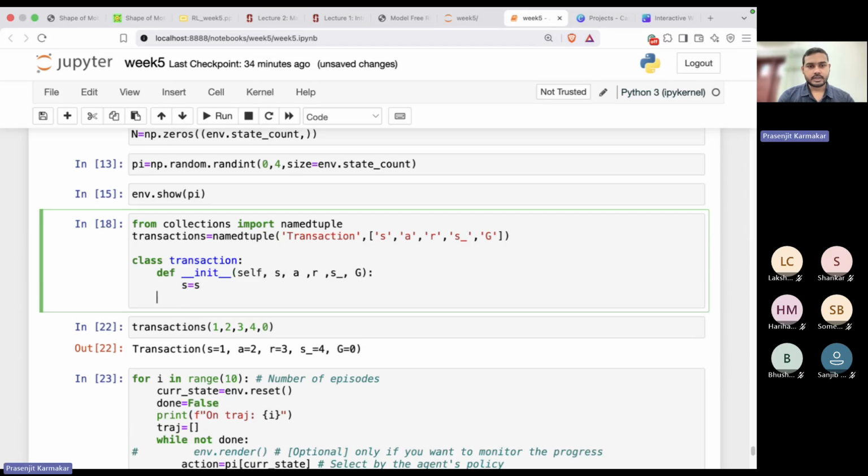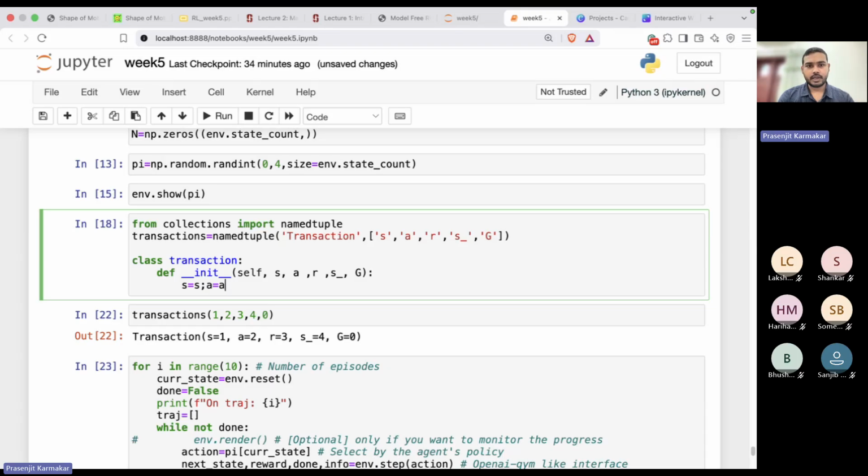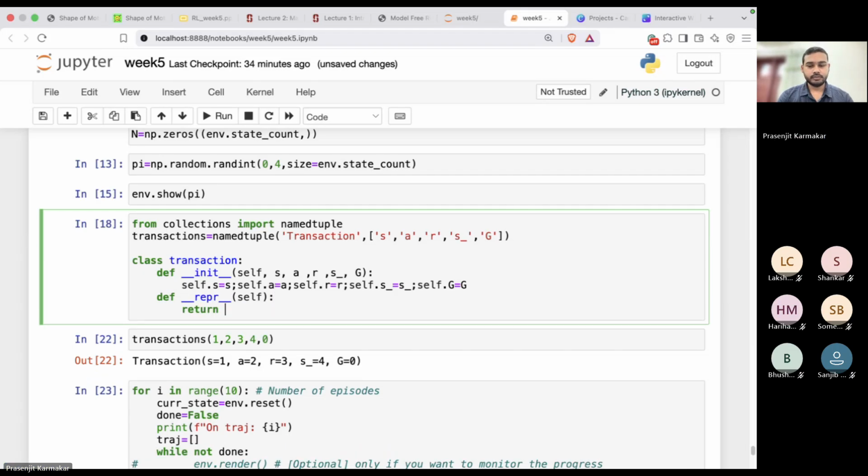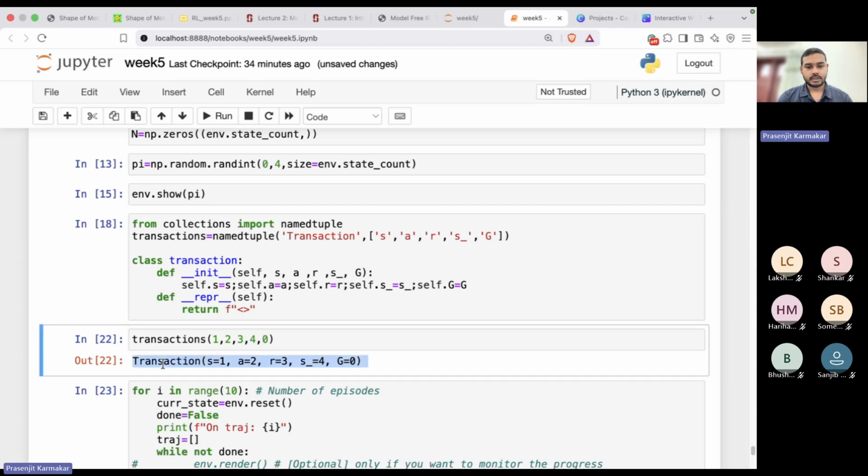S is equal to s. Just do it in one line: a equal to a, r equal to r, s prime equal to s prime, and g equal to g. You store everything here, and let's do a string method repr so that we can see it. Return the same thing as this one, let's say.